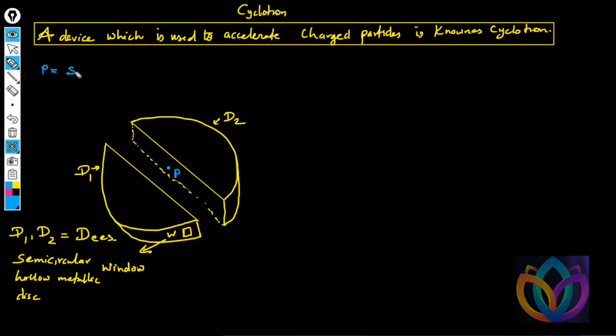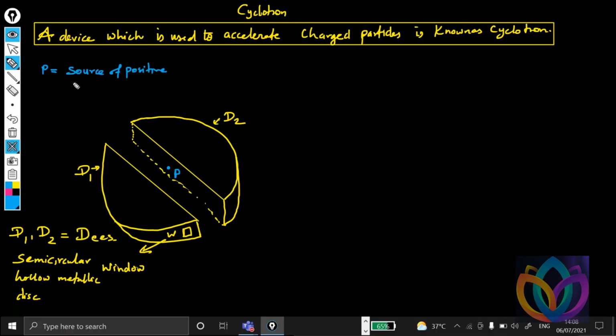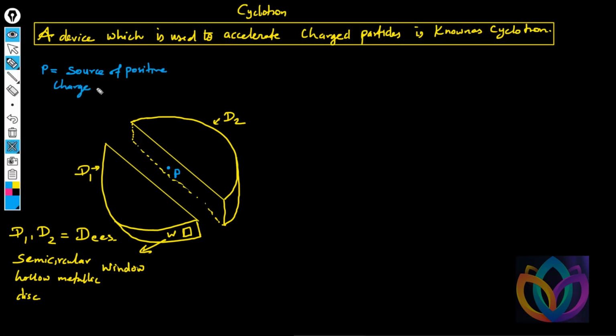Now, in between the Ds, D1 and D2, there is a source of positive charge particles. P is the source of positive charge particles. Now these are kept between the two magnets, North Pole and South Pole.